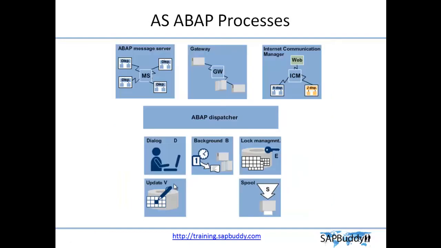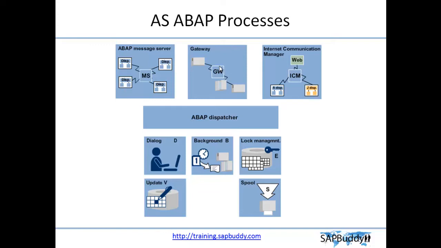So the message server is connected to each dispatcher of the application server, which includes the central instance also. Then we come to gateways. A gateway is like a kind of router where you can route your SAP system.